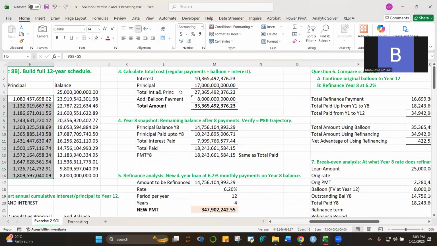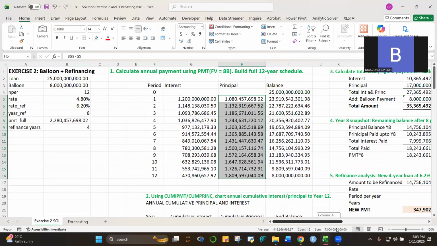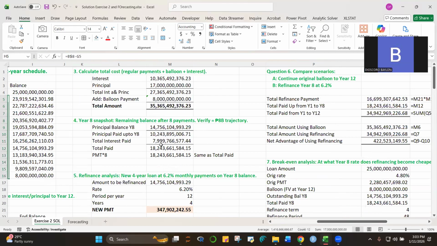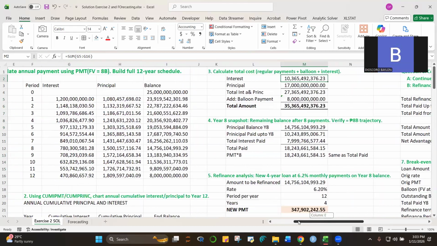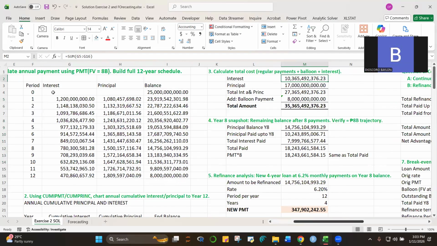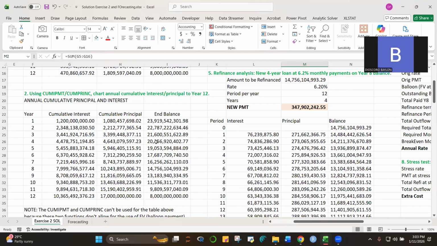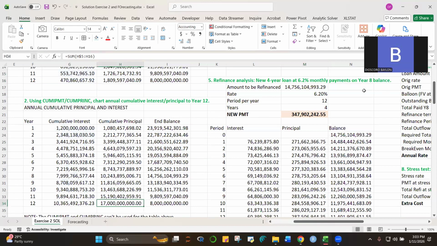So the next question, question number 3, what is the total cost for this plan of balloon payment of 8 billion at the end of the 12-year period? Well, we just add up your interest payments. Total interest is 10.3 billion. Just add everything here. Total principal is also 17.